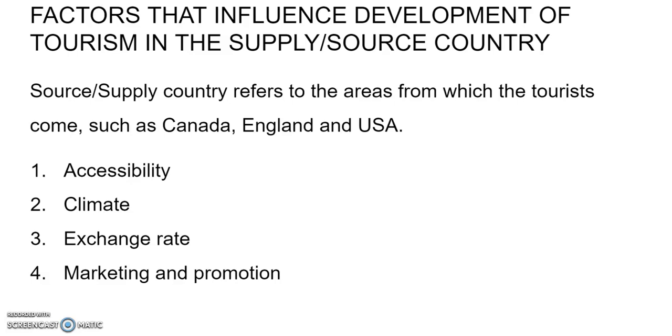Some of these countries are Canada, England, USA, or Europe, etc. Now, there are a number of factors in these supply countries that help the tourists to decide on which destination they're going to choose to spend their vacation in, right? And some of these factors are accessibility, climate, exchange rate, marketing, and promotion.